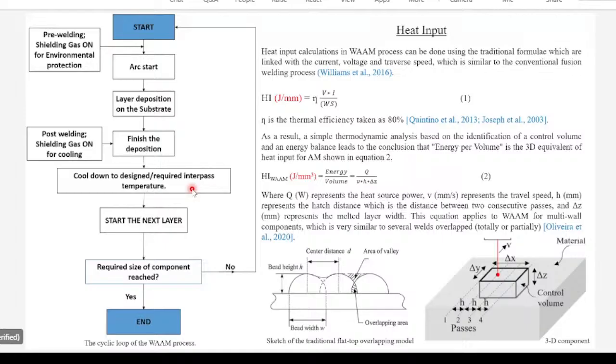Then we can lay over the second layer, and then again we give a 30 seconds dwell time, and when that second layer surface comes to around 200 degrees Celsius, then again the third layer is deposited. Like that we have to do in every layer, so that we can attain the same interpass temperature throughout the material, throughout the building direction, for making a single wall structure or multi wall structure.